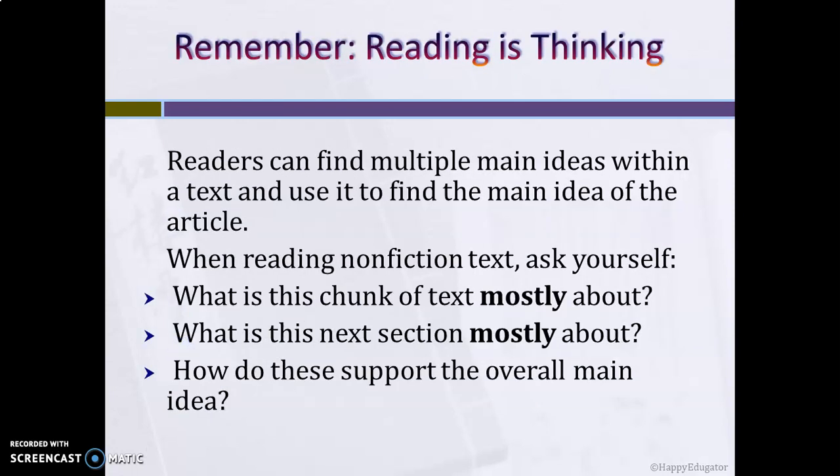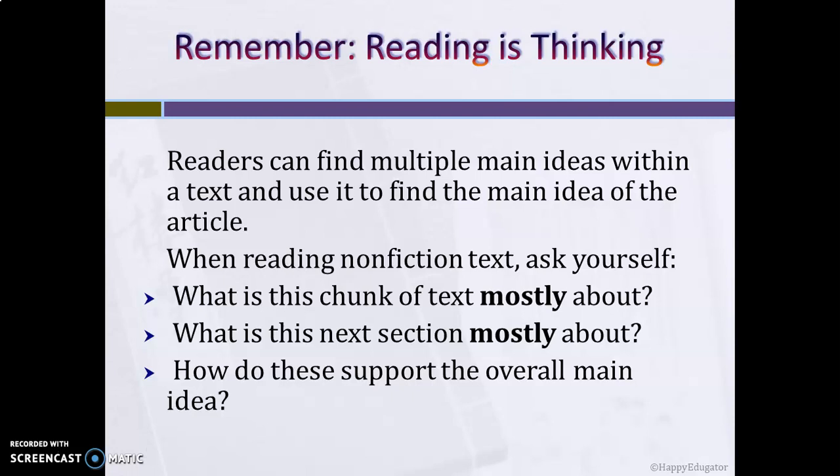I always say that when you're reading, you need to remember that reading is thinking. And these strategies that we're working on really emphasize that. When we're reading, we're constantly thinking about different things. Readers can find multiple main ideas within a text and use it to find the main idea of the article. When you're reading nonfiction text, you should ask yourself, what is this chunk of text mostly about?